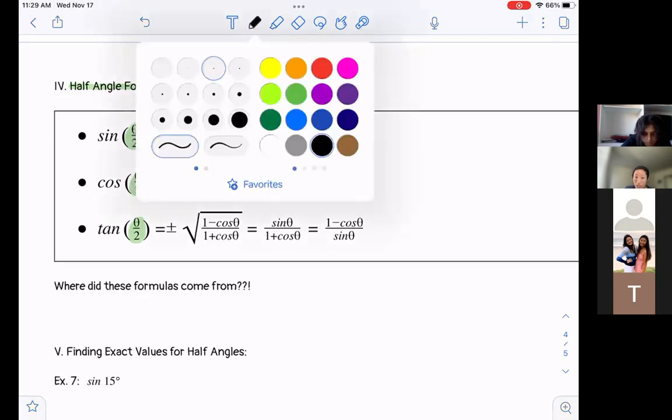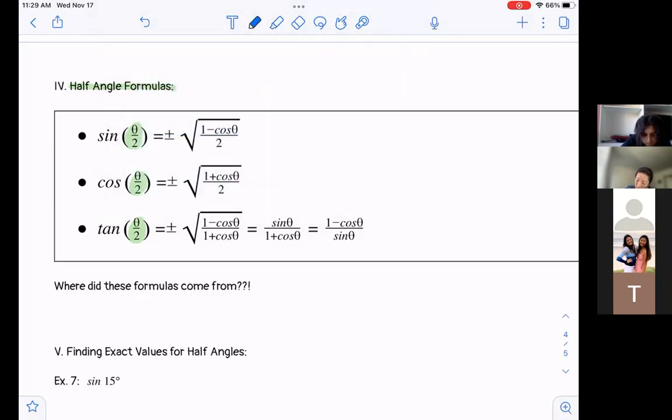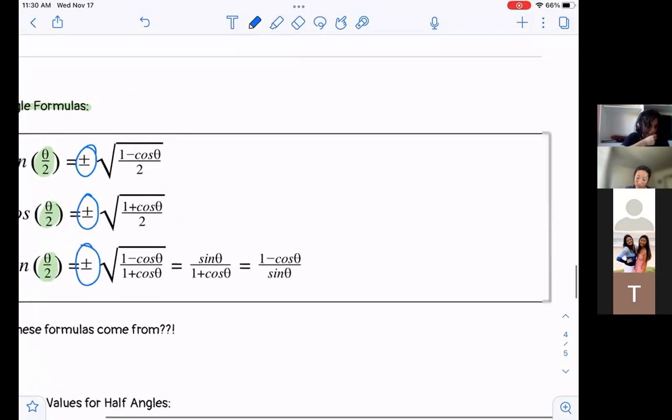Now, one of the things I want us to notice here is that every single one of these formulas has a plus or minus in front, right? I think the most common way that we've seen that is in the quadratic formula, and we use both the plus and minus, right? But I want to make one thing really clear here.